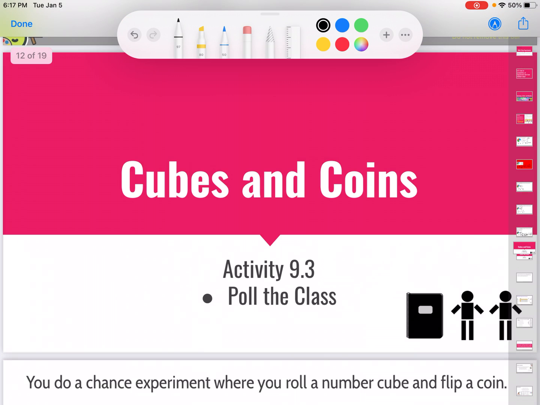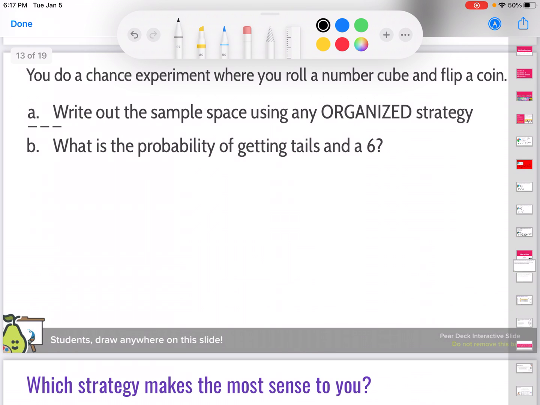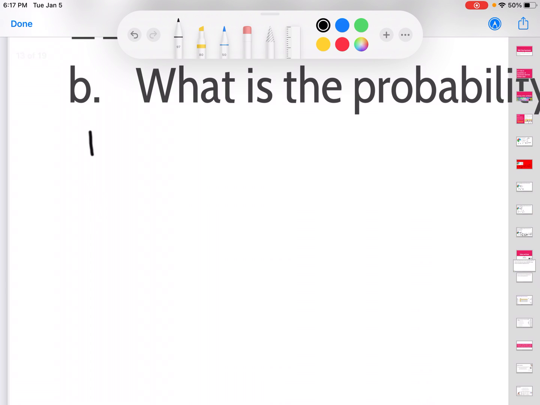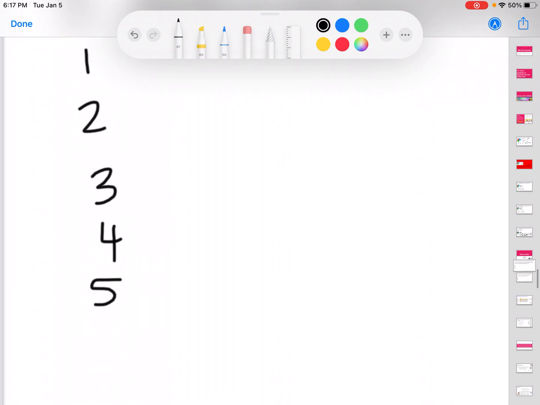All right, so the next one's cubes and coins. You do a chance experiment where you roll a number cube and flip a coin. Write out the sample space in any organized strategy. So I roll a number cube and flip a coin. So I'm going to choose a tree diagram. So that's 1, 2, 3, 4, 5, 6.